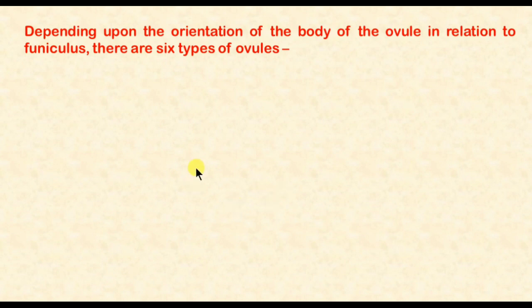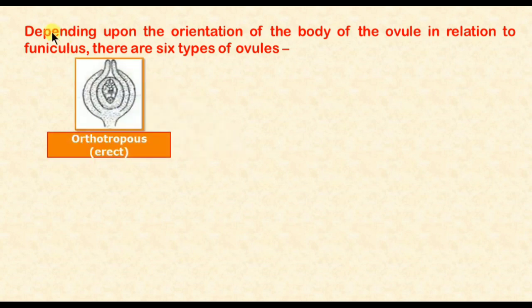Depending upon the orientation of the body of the ovule in relation to the funicle, there are 6 types of ovule. First is the orthotropous ovule. Here you can see that the micropyle is towards the upper side and the chalaza is towards the lower side.